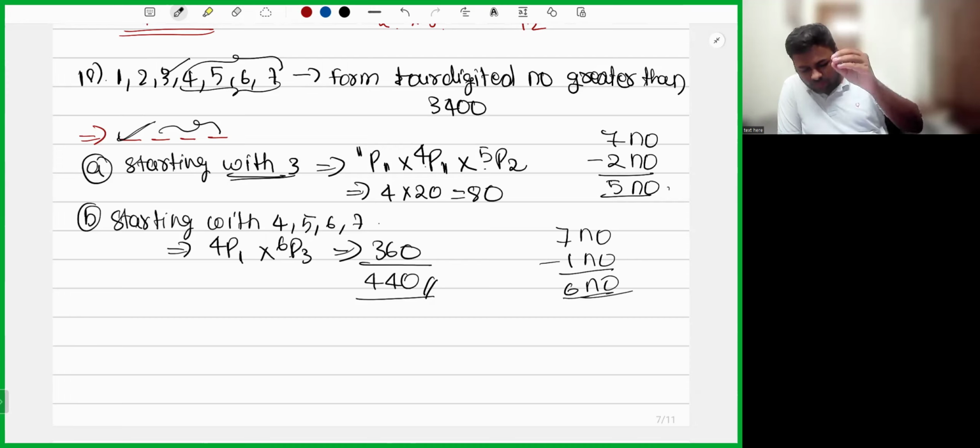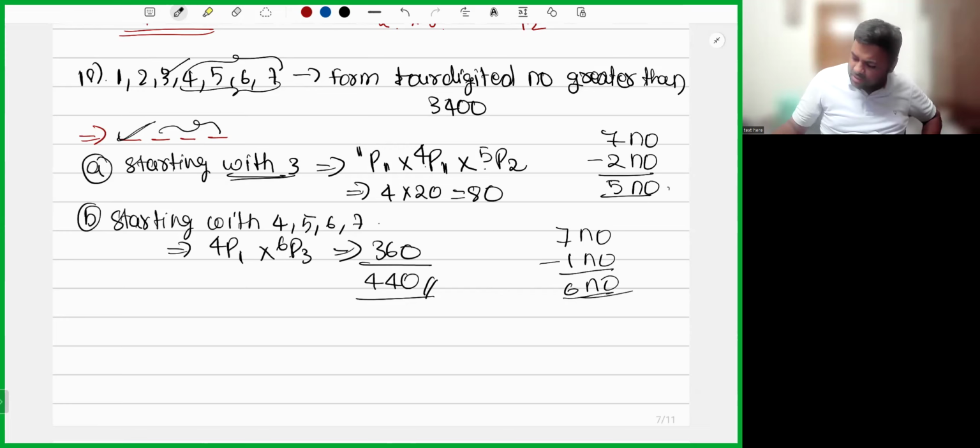Now from 7 numbers, 2 numbers are completed, 5 numbers are left, which can be kept in 2 places in 5P2 ways. So total 4 into 20, 80. Next, the same thing with 4, 5, 6, 7. It is not that difficult because 4, 5, 6, 7 are always greater than 3000. So 360 plus 80 is equal to 440.